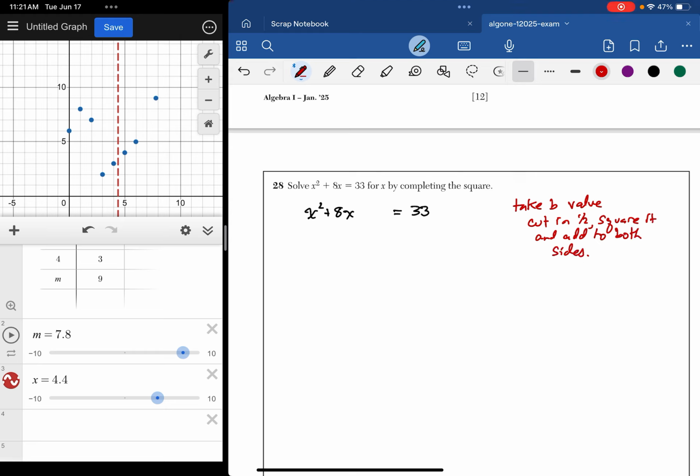You might think of it that way, in which case you're adding 16.